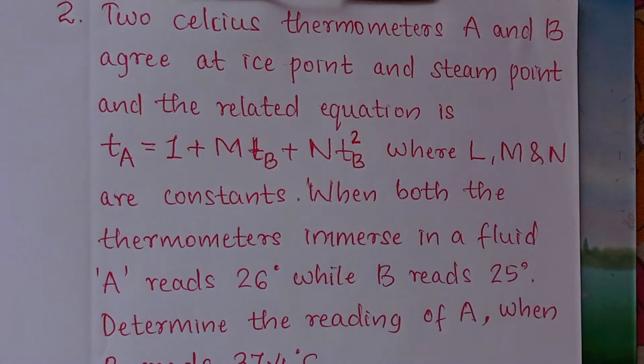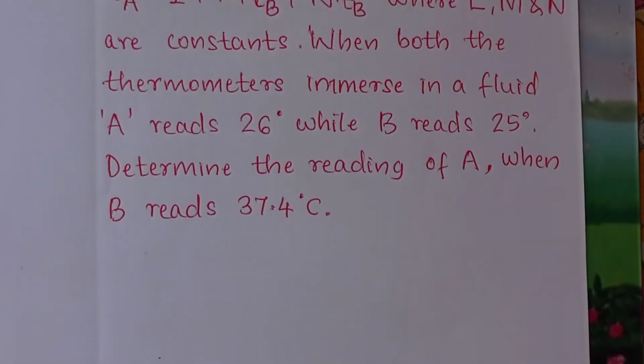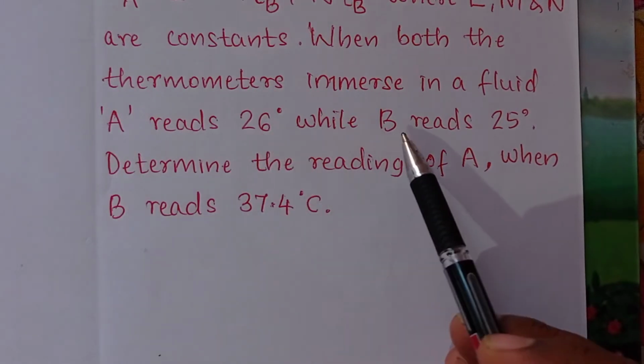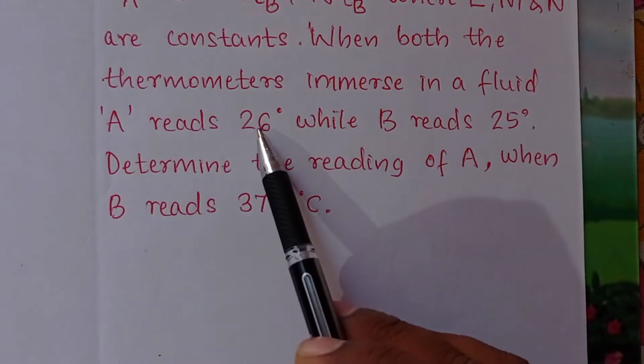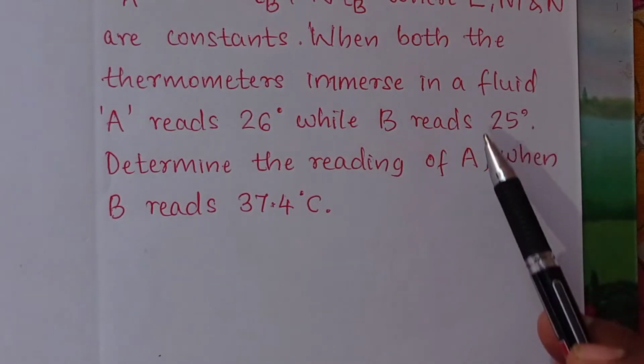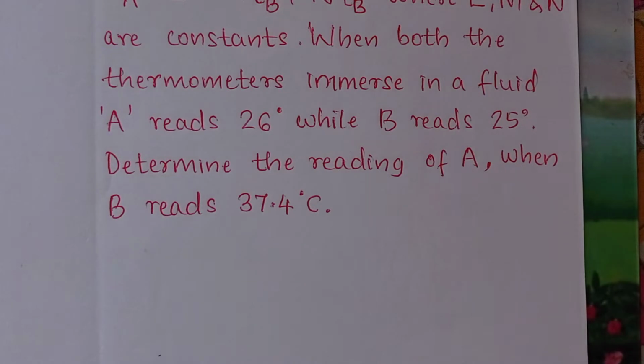Later he has given the comparison: when A reads 26 degrees centigrade, B reads 25 degree centigrade. So when B is 25 degrees centigrade, A is 26 degrees centigrade. Now we need to determine the value of A when B is 37.4 degree centigrade.